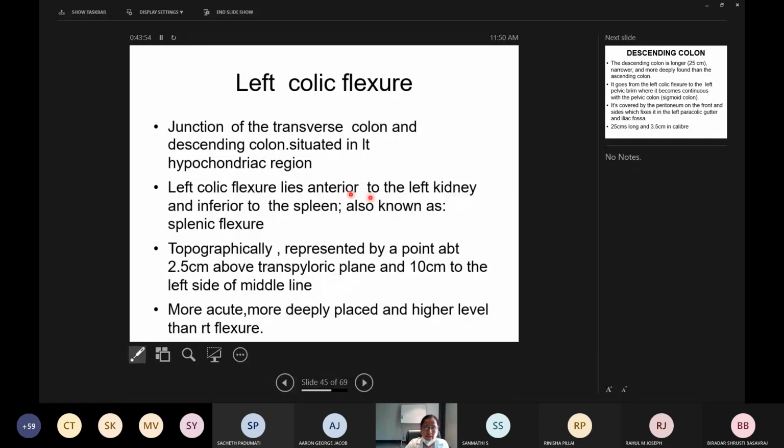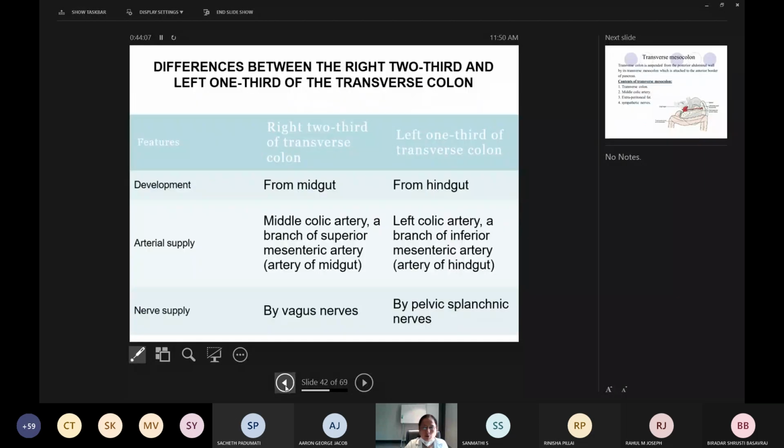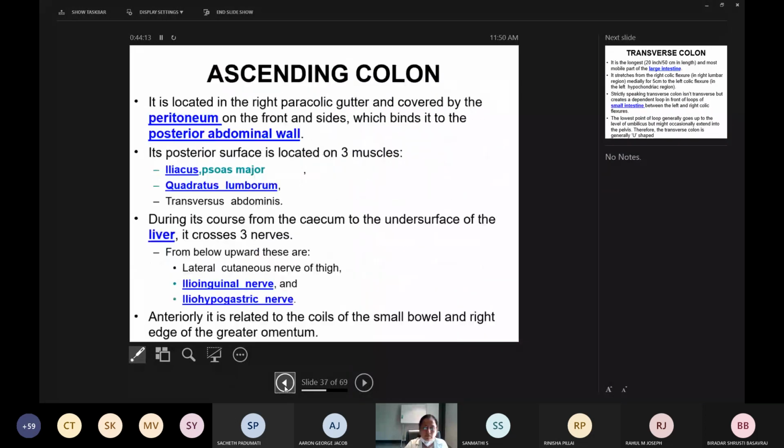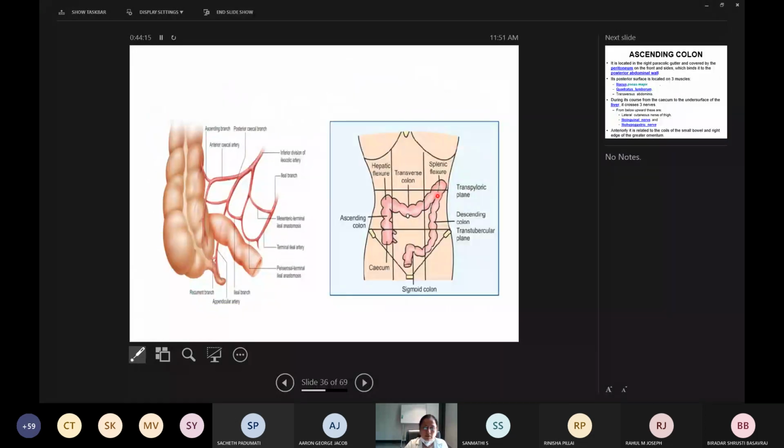It is suspended from the diaphragm by a ligament called the phrenico-colic ligament. So that is the left colic flexure, which is situated in the left hypochondriac region. You can see it is situated at a higher level.